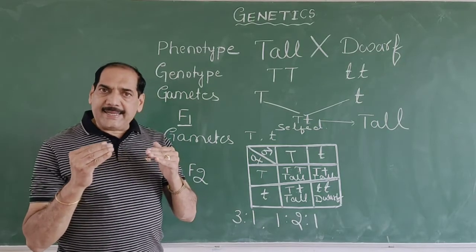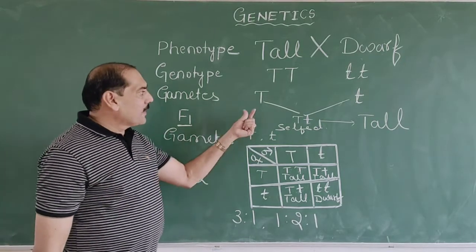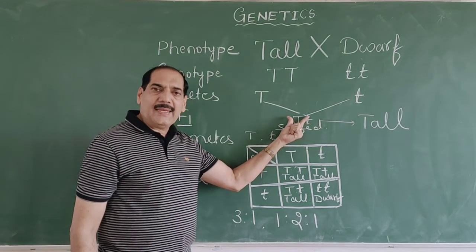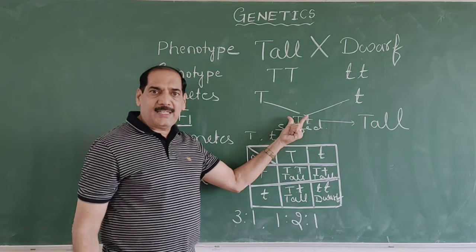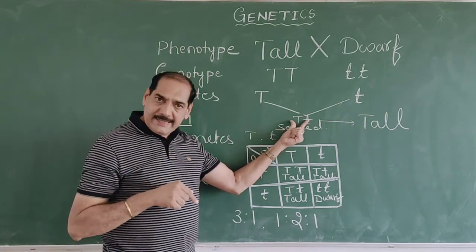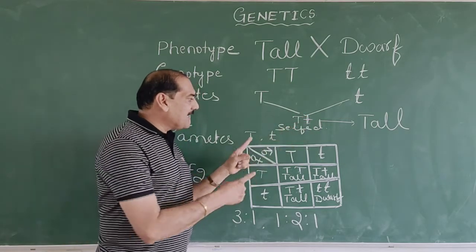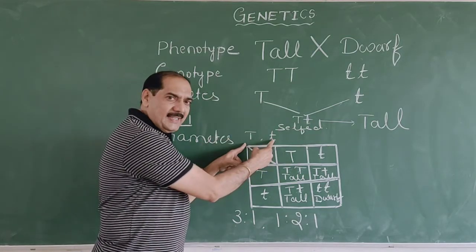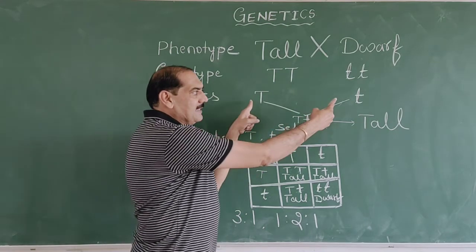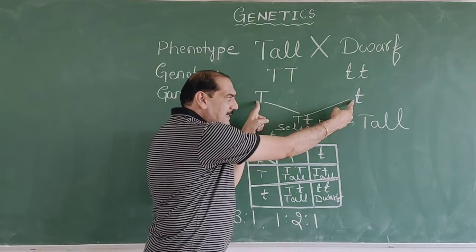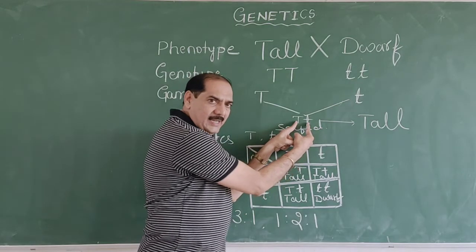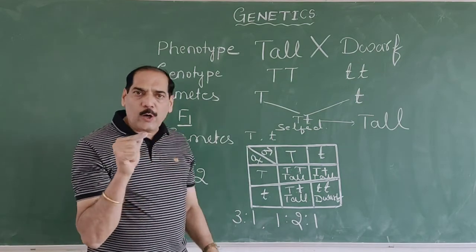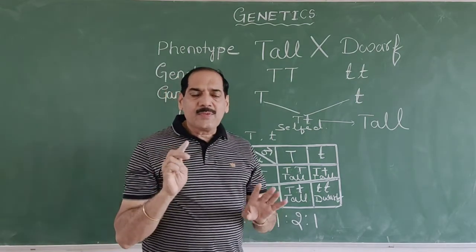Law of segregation states that when a pair of factors brought together in a hybrid are again segregated during formation of the gametes.